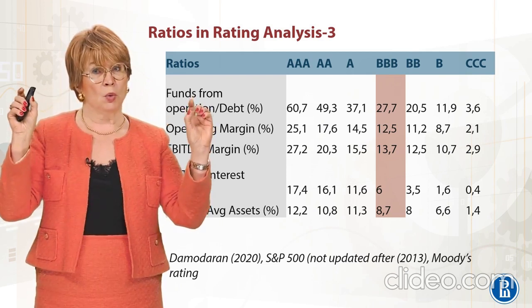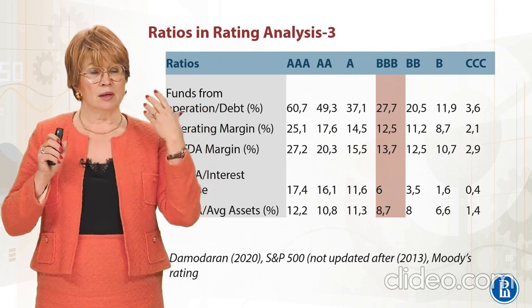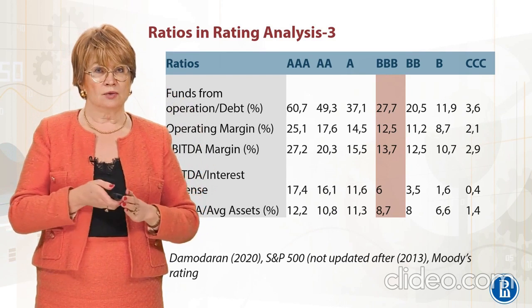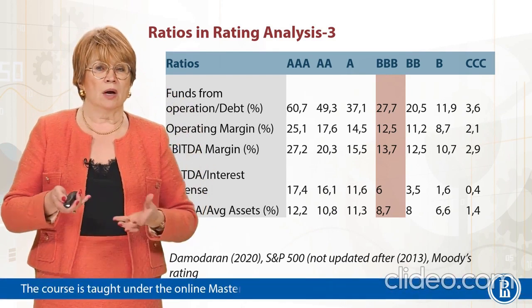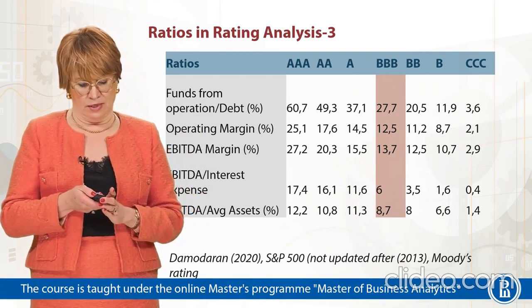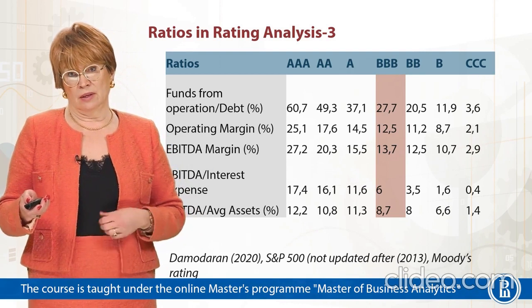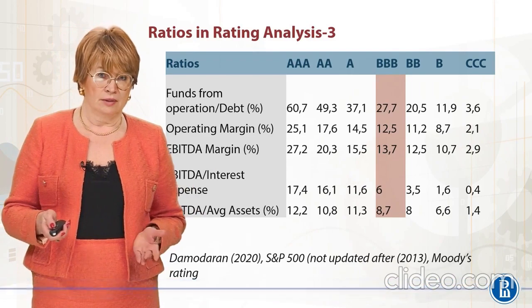And it's called homemade rating because we do it ourselves by our hands. We relied, of course, on the historical observations, but we didn't do the overall complex qualitative plus quantitative analysis that the rating agency would apply. That's why I'm calling it homemade rating.